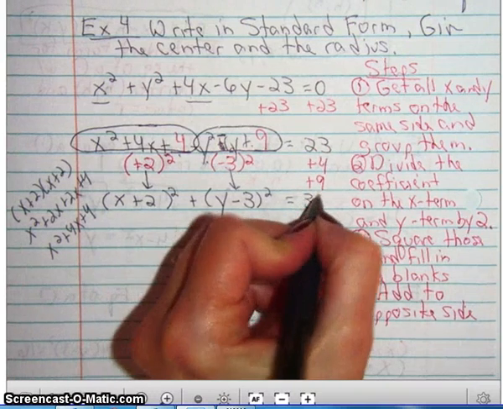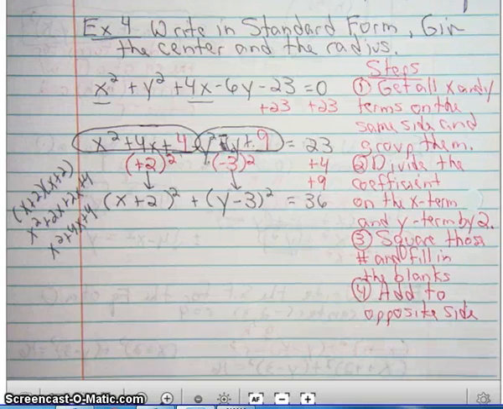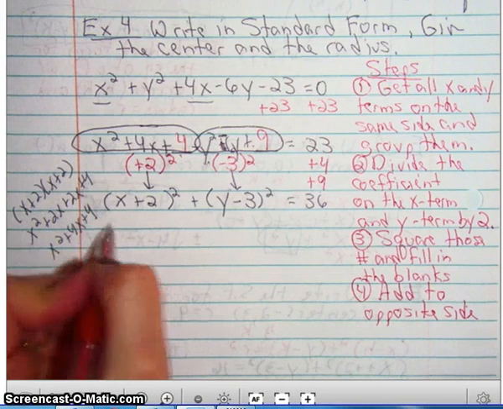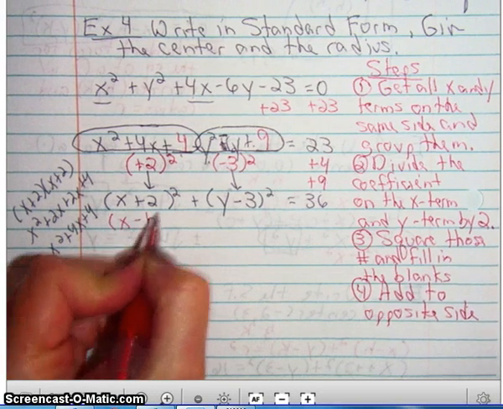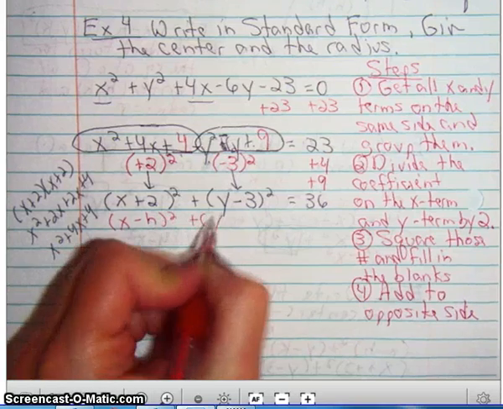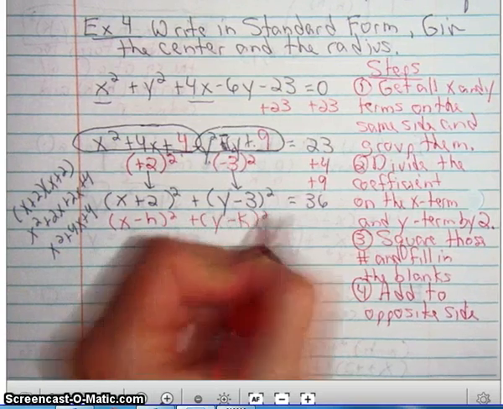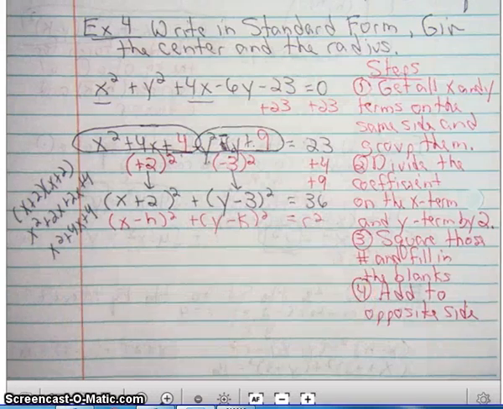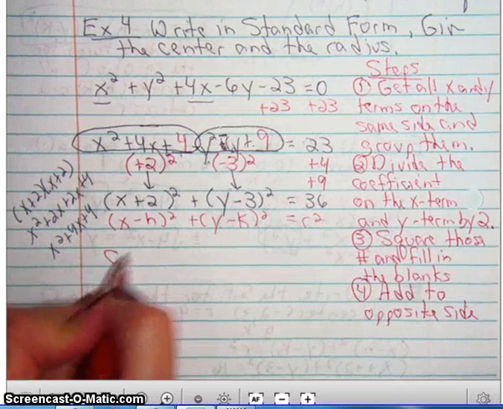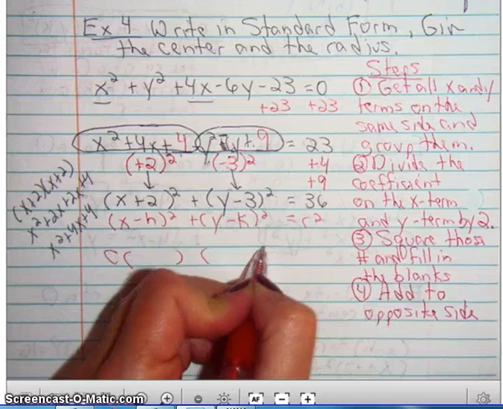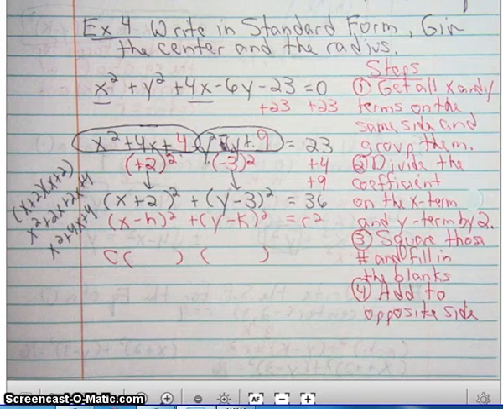36. Now, remember our goal was to find the center and radius. Tell me this, are we in x minus h squared plus y minus k squared equals radius squared? We are? So we're good to go? All right, so could you guys pull out center and radius? Nat, you got the center?